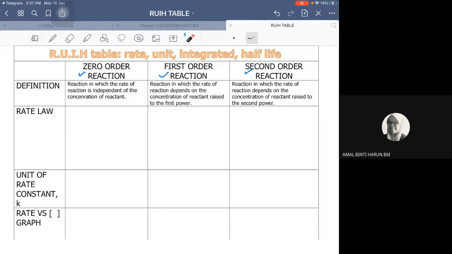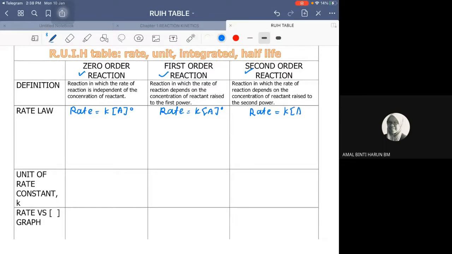Okay. Rate law. So, rate equal to K A power of 0. So, one rate K A power of 1. Concentration A. Tak kira lah molarity ataupun pressure. Tak kisah. K A power of 2. Okay.